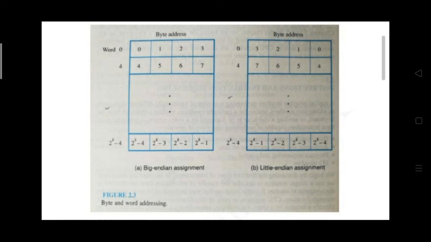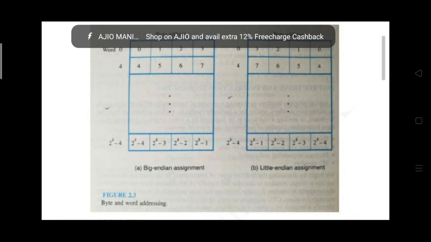Each row is one word, each column represents a byte. So a set of 4 bytes gives you a word. Word 0 contains 4 bytes, from 0 to 3, left to right.